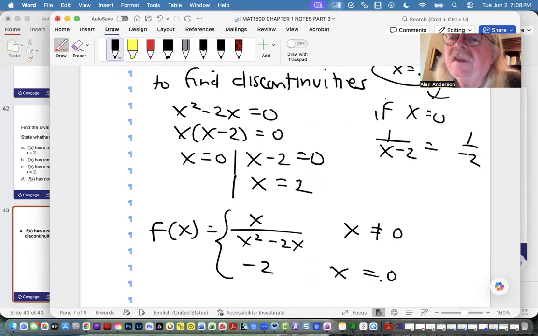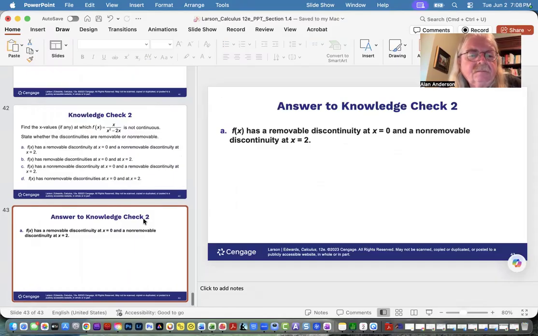And this is how we remove the discontinuity by explicitly telling it what to do when x equals 0. All right, and that seems to be the end of 1.4.